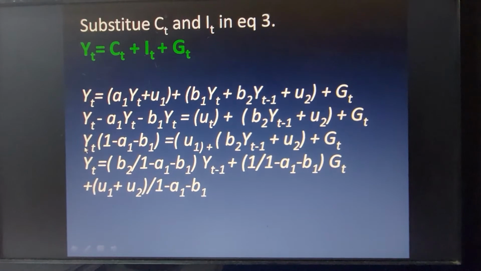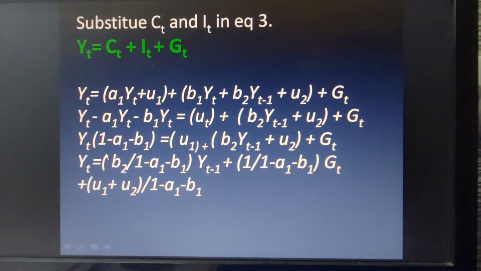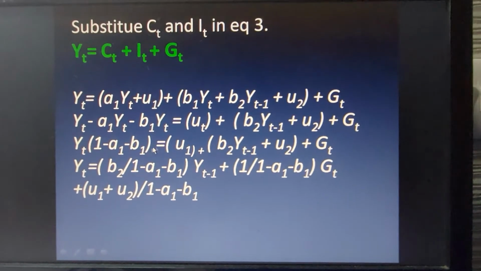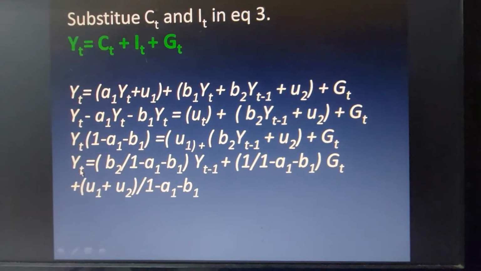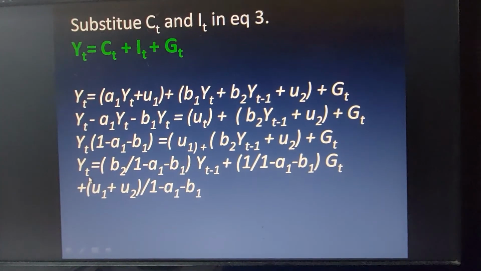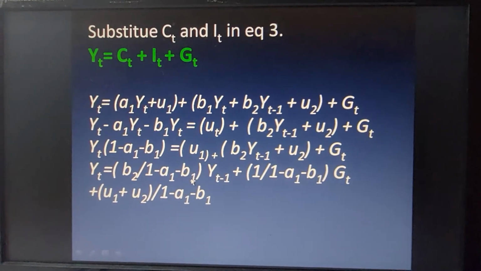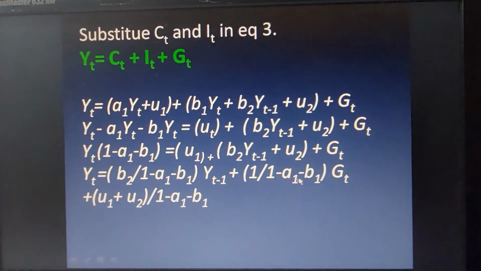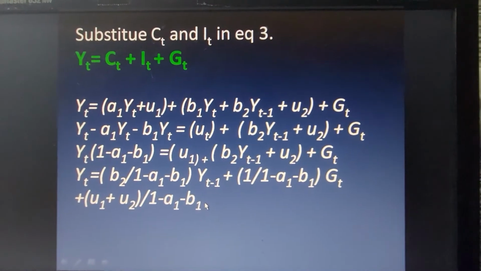Now take out Yt here and keep the rest of the terms inside the bracket: 1 minus a1 minus b1. Now we get the final form of equation of Yt. This is b2 upon 1 minus a1 minus b1 Yt minus 1 plus 1 upon 1 minus a1 minus b1 Gt plus this is the random term.